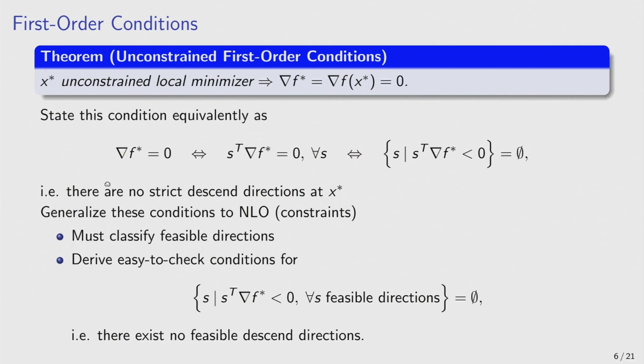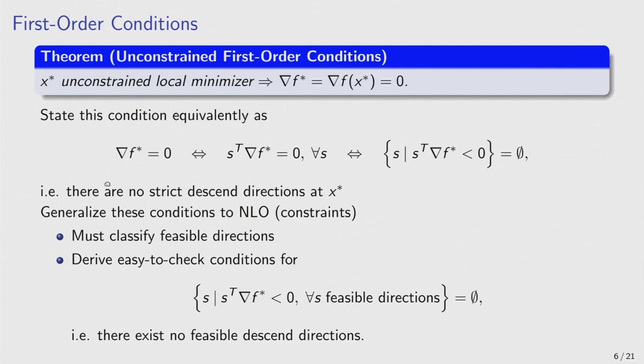Another way of thinking about this is that the set of directions in which I can have a descent direction, so a descent direction is a direction in which I can reduce the objective function, that set of directions is empty. This looks a bit more involved, but this is the condition that we're going to generalize to the constraint case. And so what this says is there are no strict descent directions at x star.